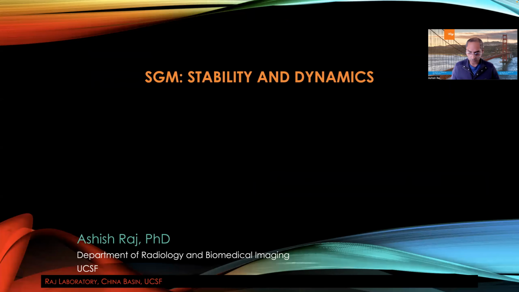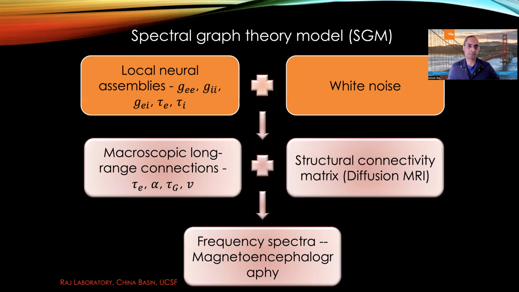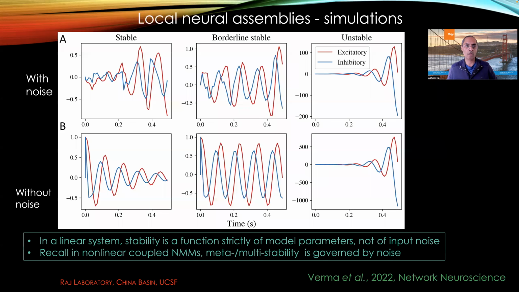So that's well and good, but what about stability and dynamics of a spectral graph model? So first, we want to look at the stability of the local or the mesoscopic model shown in the orange here. So we're talking about local neural assemblies with gains and time constants, and modulated by or stimulated by white noise. So we ran this experiment for stability, and because the model is closed form in frequency, it is not, in fact, easy to evaluate this in time for its stability.